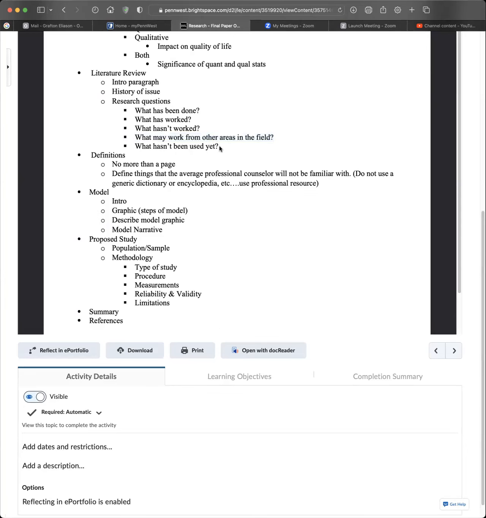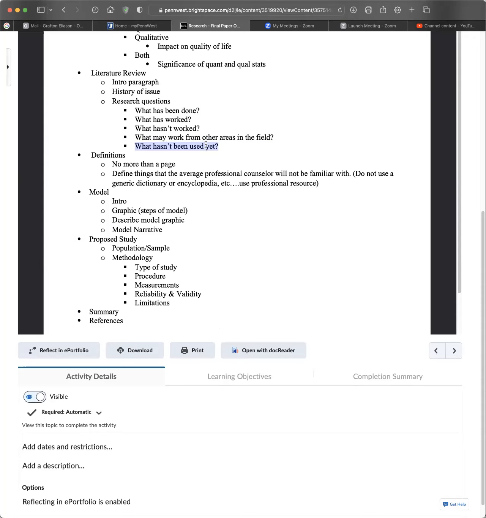What hasn't been used yet? And this, maybe you're into some brand new theoretical applications like positive psychology or mindfulness, or psychological treatments in nature, or equine therapy.